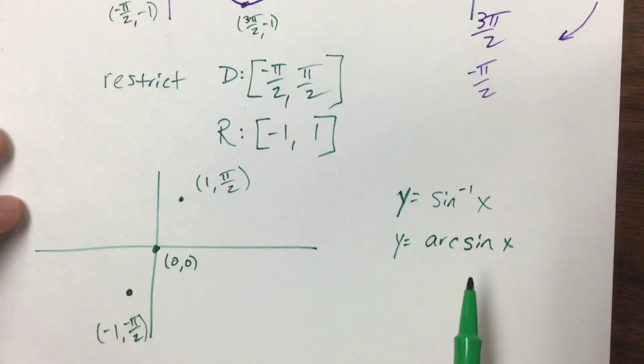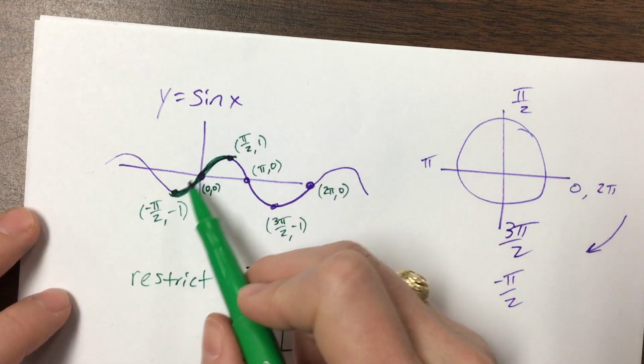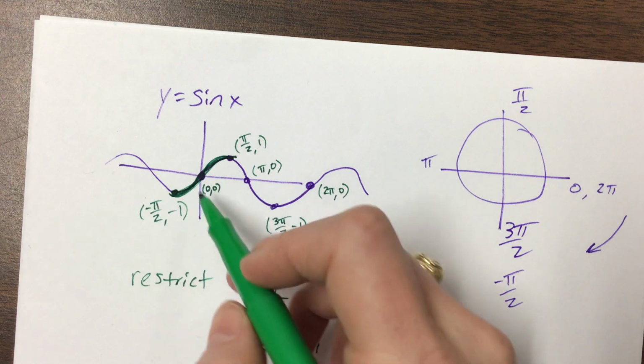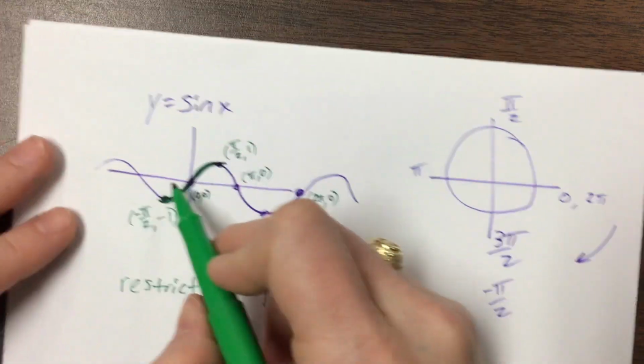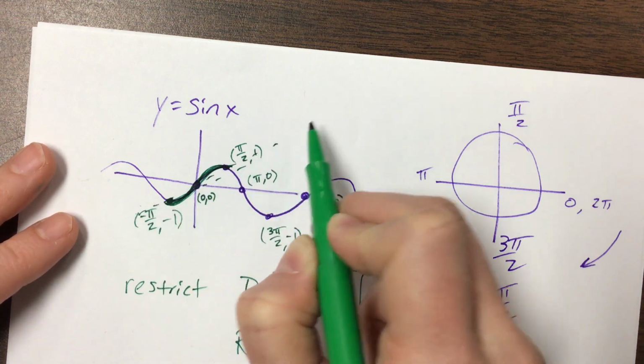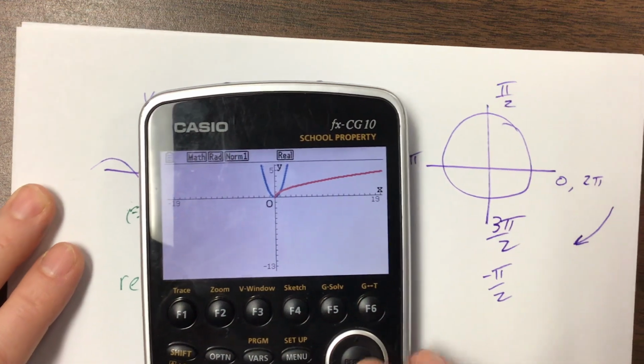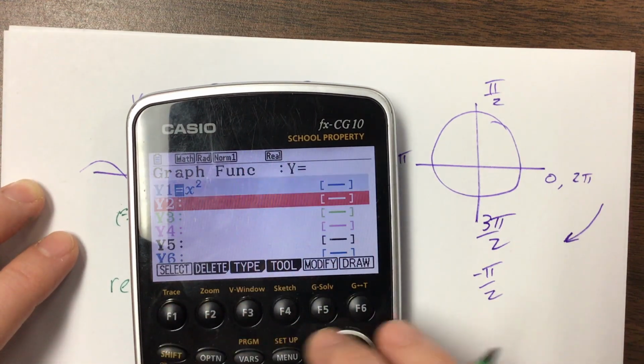Okay, so this is what we're graphing down here. If you think about this, this graph right here needs to reflect over the line y equals x. So if we have this line y equals x going through here, let's see. Delete.